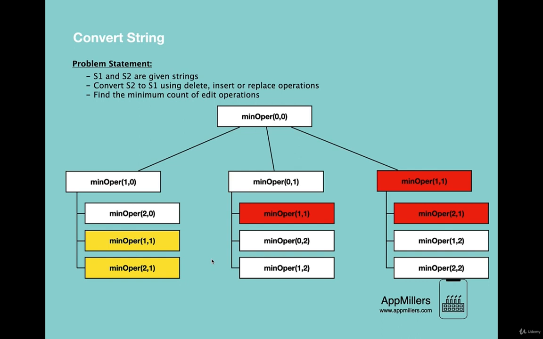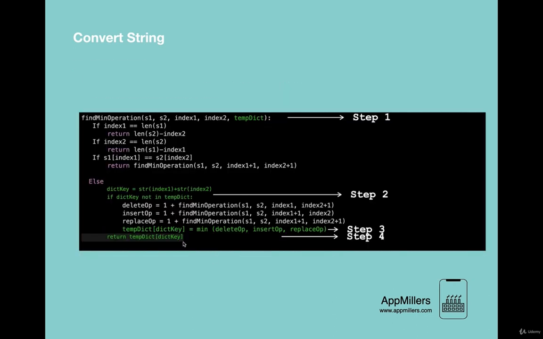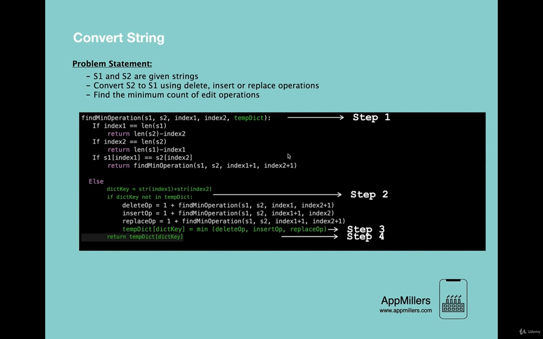Now, as we explained in our previous lecture, to convert a divide and conquer algorithm to the top-down approach of dynamic programming, we have to implement 4 steps. We will implement the 4 steps in the algorithm that we created for divide and conquer. After implementation, our algorithm will look like this.